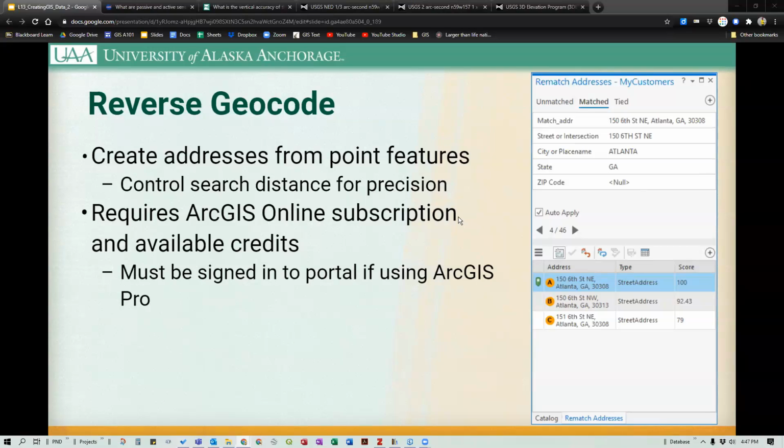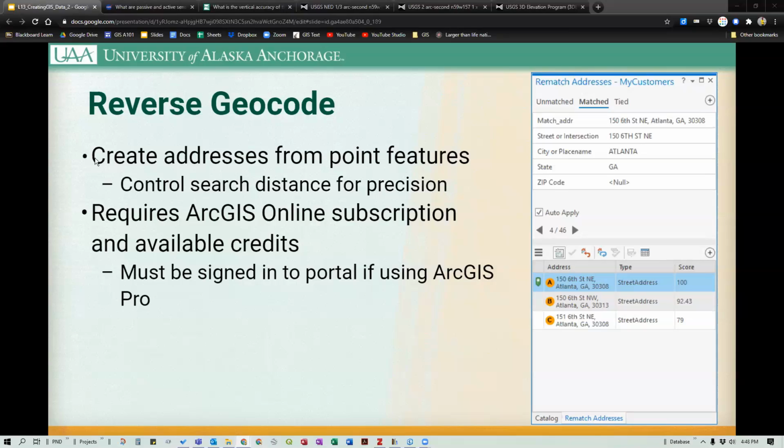So there's also the opposite direction of this, right? If you have a set of point features, which might be a little bit more likely way for us to want to geocode. We've created a map and we've laid out our road network and we've identified points of interest, and we want to assign addresses to those points of interest.